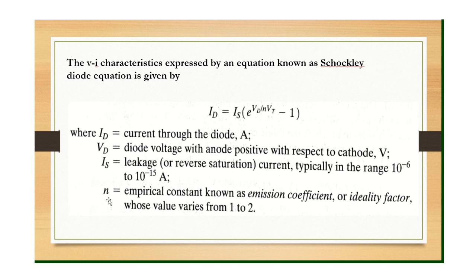N is the emission coefficient or the ideality factor, which ranges from 1 to 2. So this is your typical equation for the diode current.